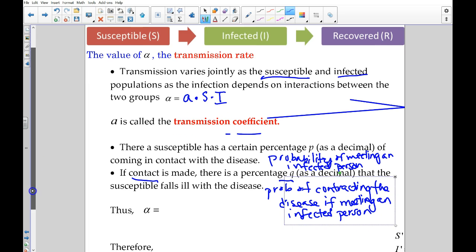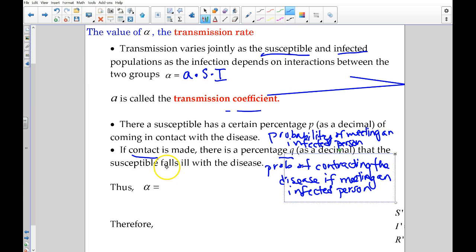In other words, if we want to know the value of that transmission coefficient, A is equal to P times Q.